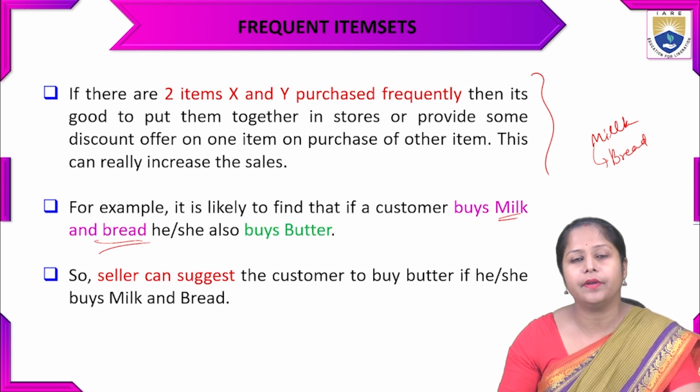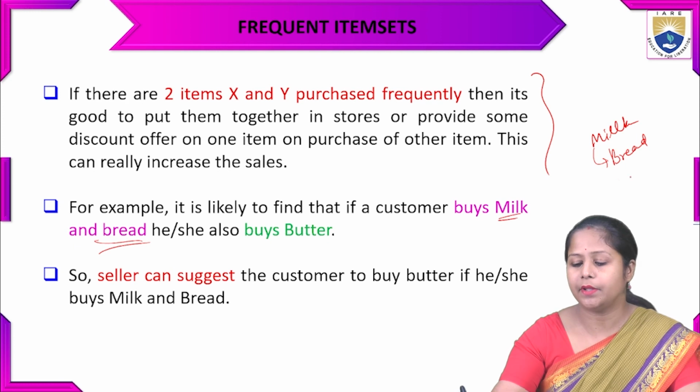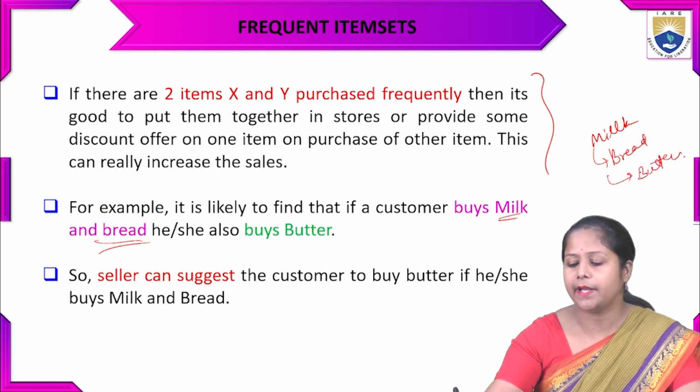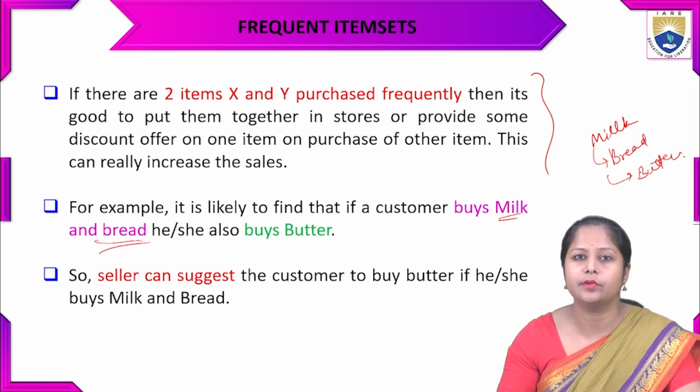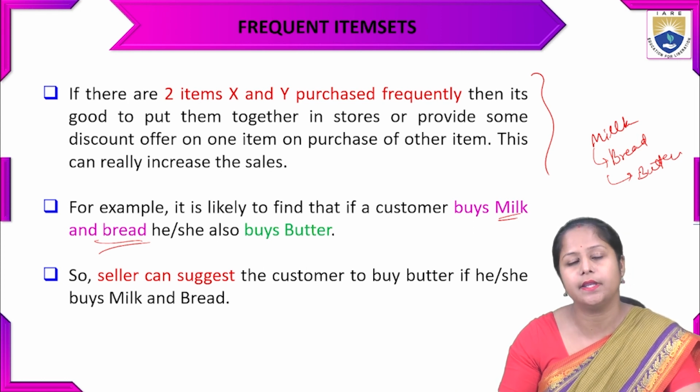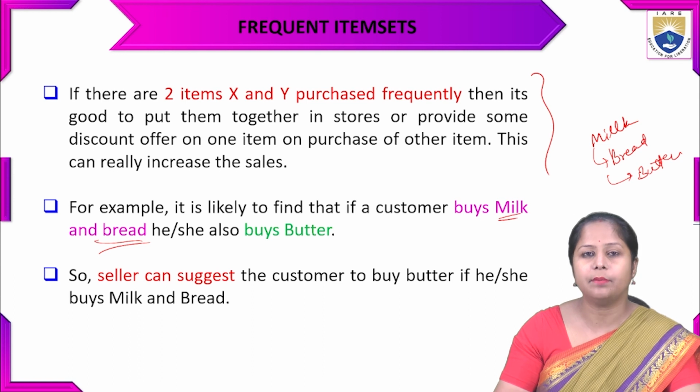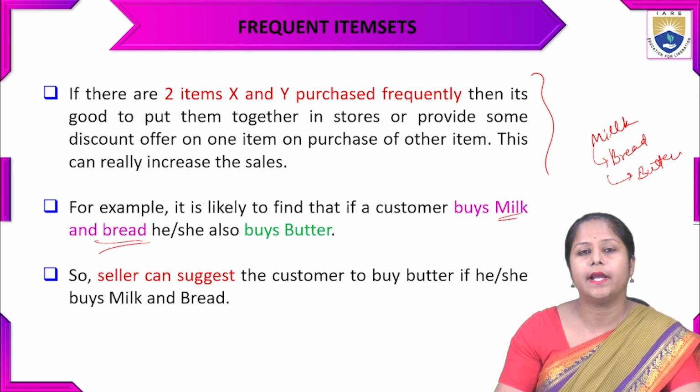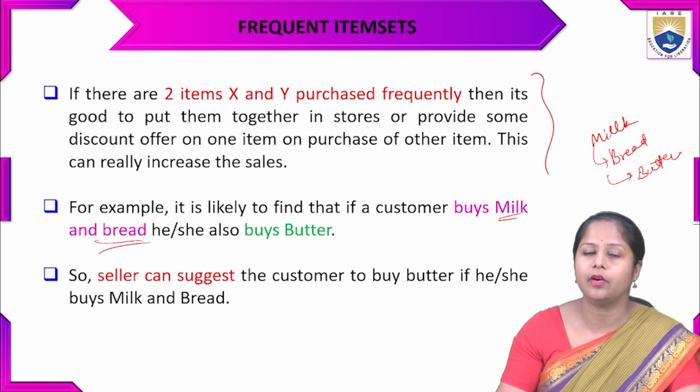Another example: if butter is also kept in that almirah, most likely he is going to purchase butter also, if there is a chance of getting some discount or some offers. So that will be the frequent combination.